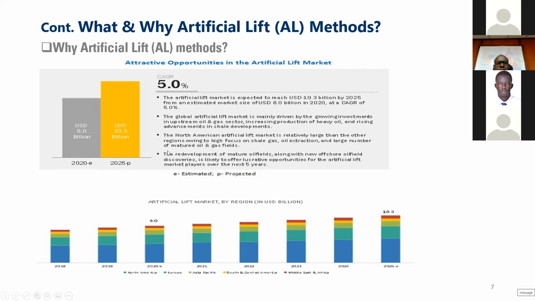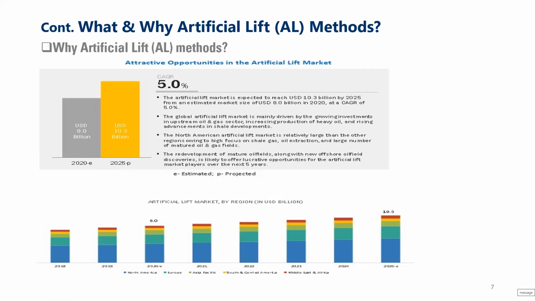So this clearly shows us that it's a steady, growing market. The demand for artificial lift is increasing every day. Operating companies are moving to more artificial lift methods to optimize and produce the most they can from the reservoirs to meet their targets, right?